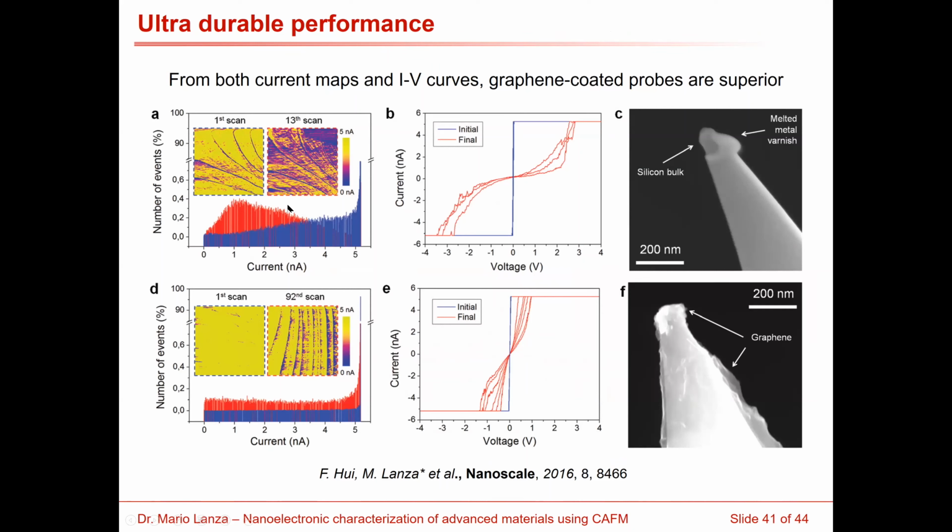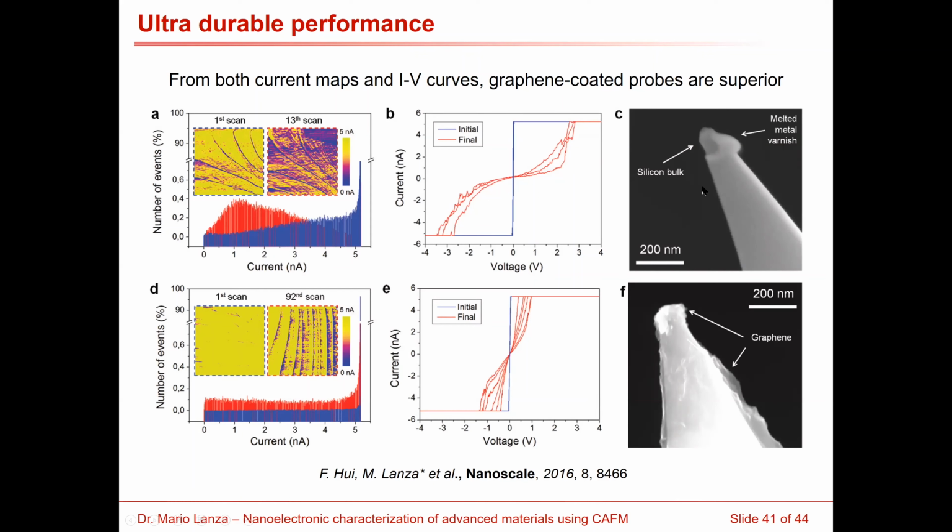And what we observe is that for the standard tips, the first scan shows very high currents, but after only 13 scans, under the same conditions, the currents start to decrease a lot. And if we apply IV curves, we can confirm that the linear conductance of these tips has been reduced and that we observe much lower currents.